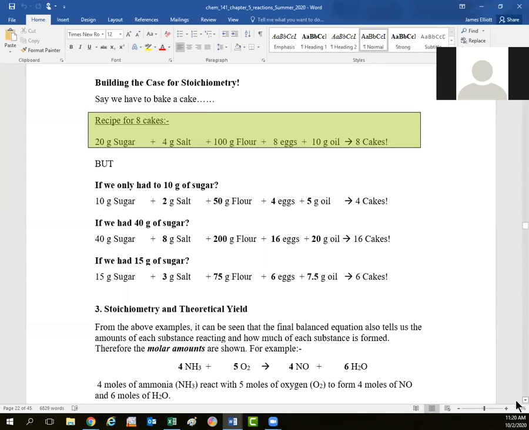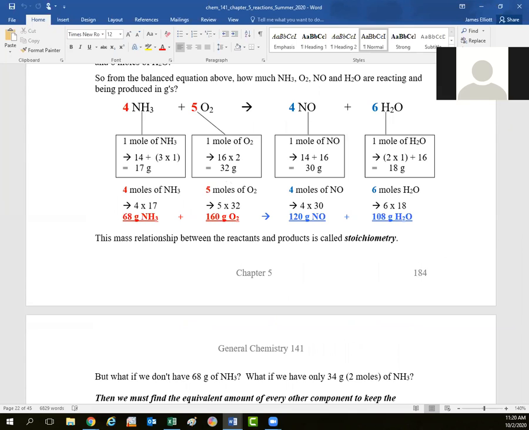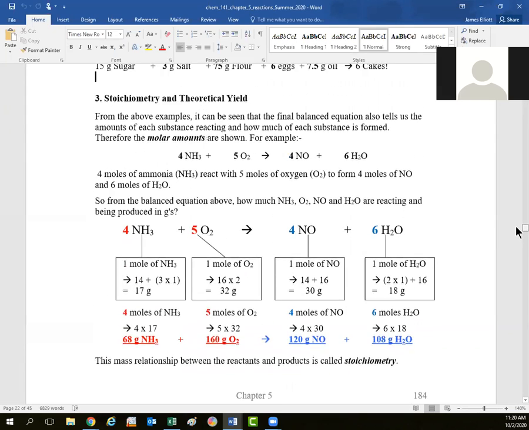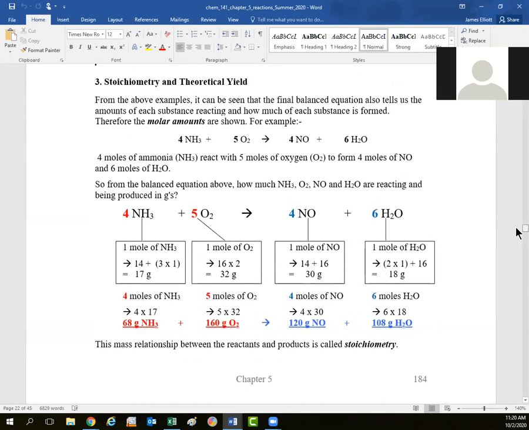Let's look at this in terms of an actual chemical reaction. So, reaction between ammonia, NH3, taking 4 moles at a time.